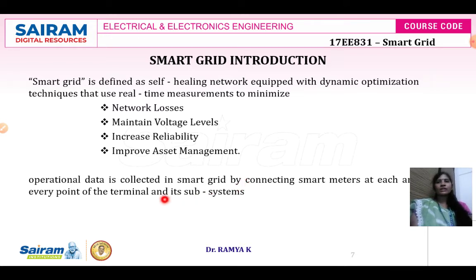Therefore, the operational data need to be collected by the smart grid and the subsystems to which it is connected. Smart grid is not one complete system. It will have many subsystems, from where also it is required for us to collect the operational data. Therefore, the operational data collected by the smart grid controller, including its subsystems, will have one database at the back end.